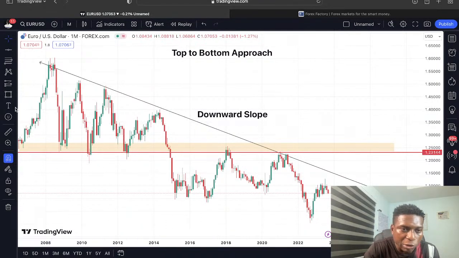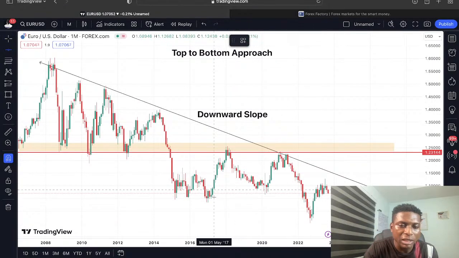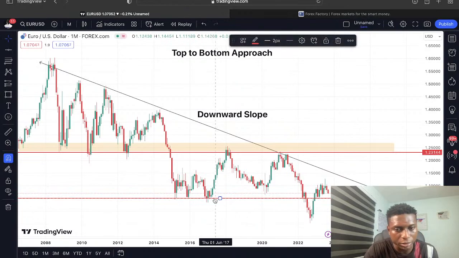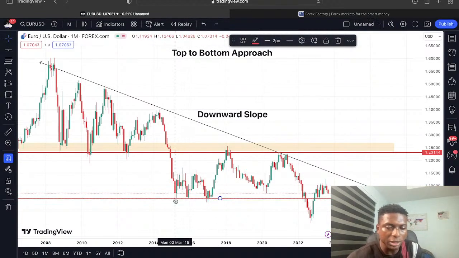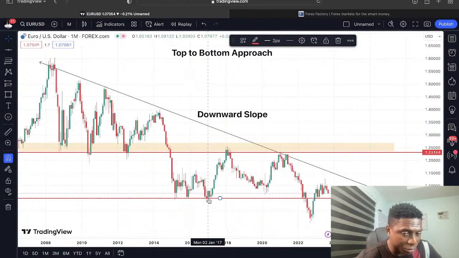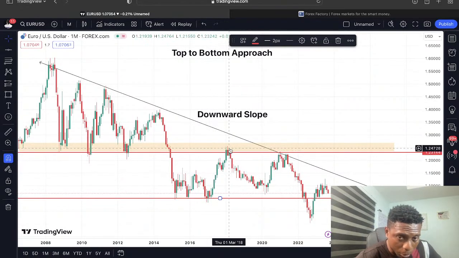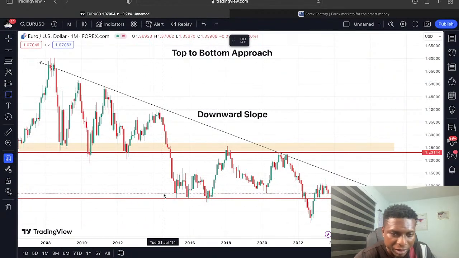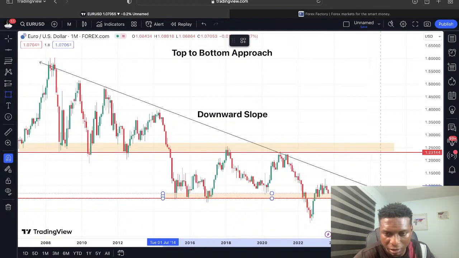Now if we look at it, price also created another support level here. Price rallied at this level, touched this level about three times, went up, was rejected, came down again, and couldn't go further past that level, as you can see here.